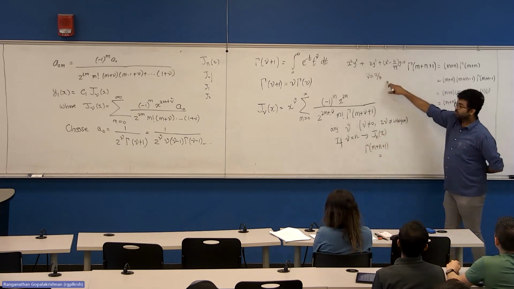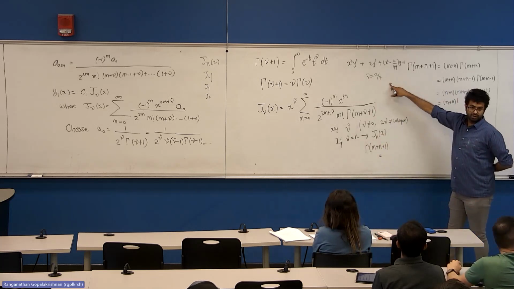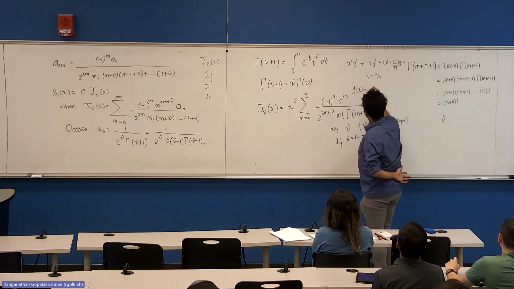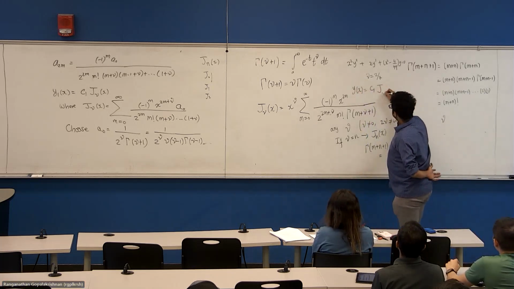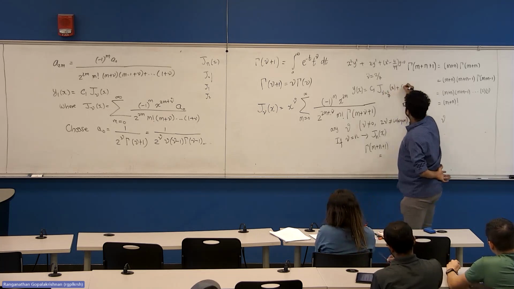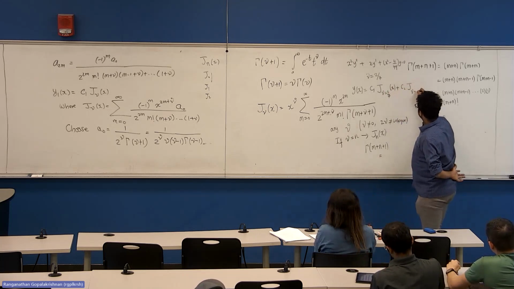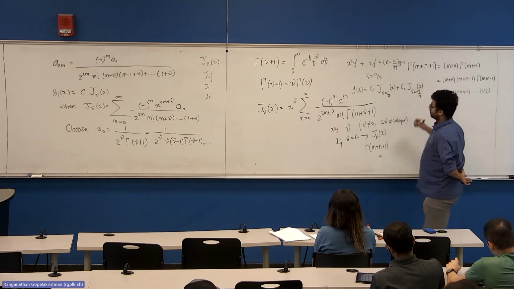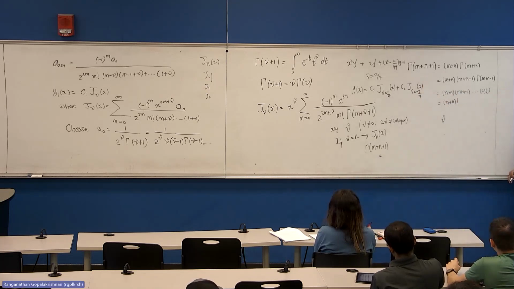And clearly 2 times nu is not an integer. So the general solution would be y of x equals c1 J nu equals 2 by 7 of x plus c2 J nu equals minus 2 by 7 of x. Done. If you write down this one statement, you're done.